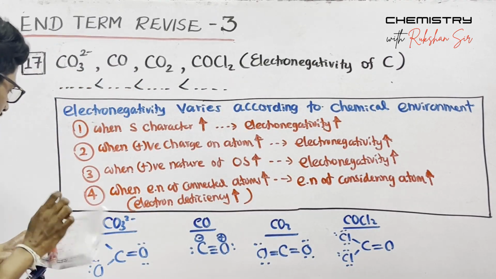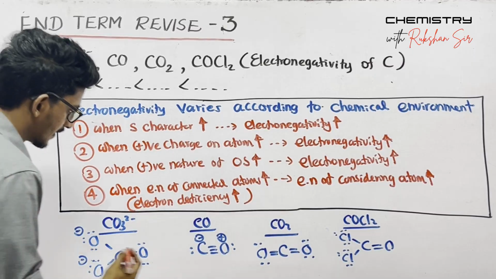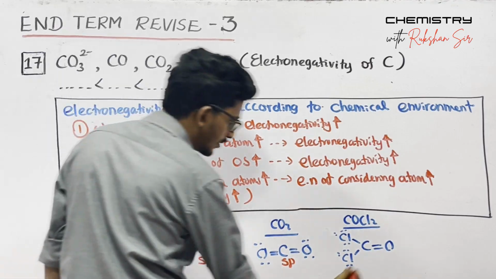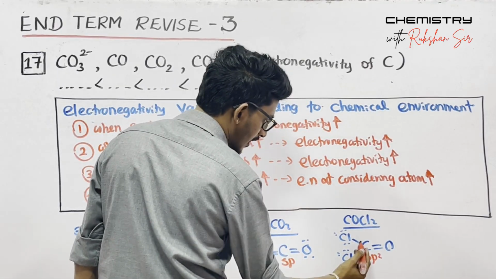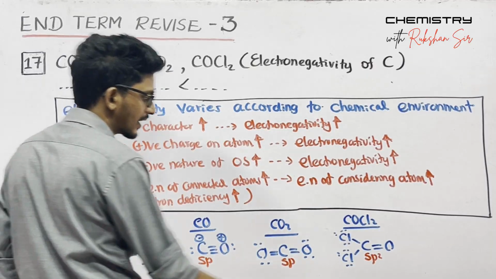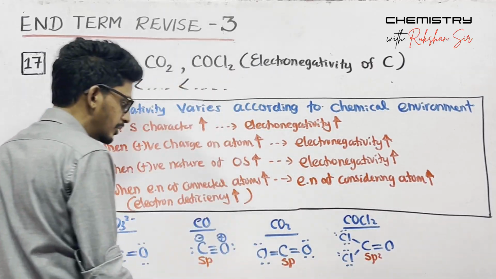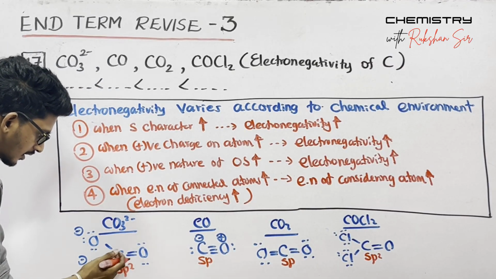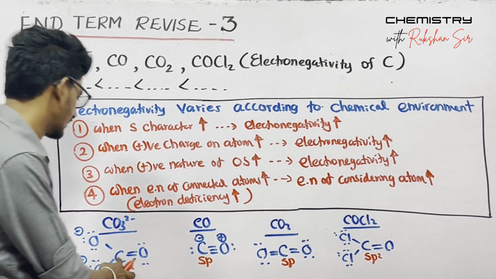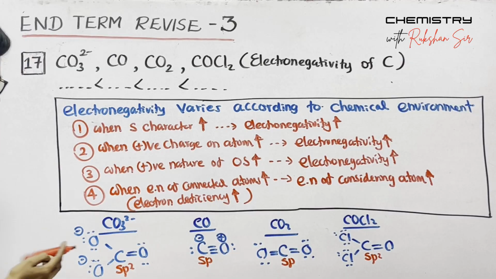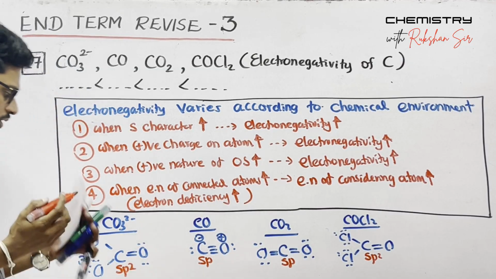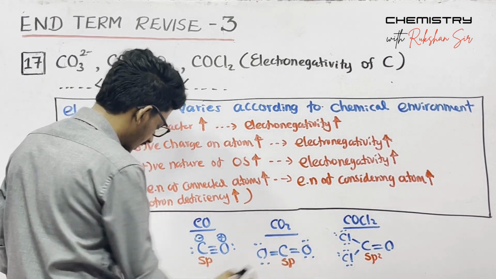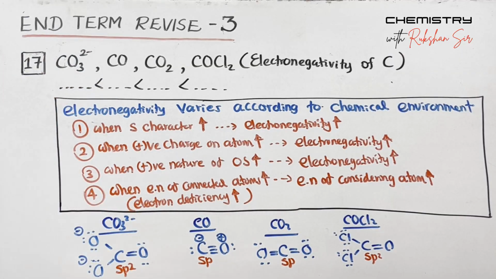You clearly see the hybridizations. This is sp, this is also sp. Here, sigma and lone pair count gives you 3, that means sp2. This is also sp2. So definitely these two guys are with greater s character than these two guys.